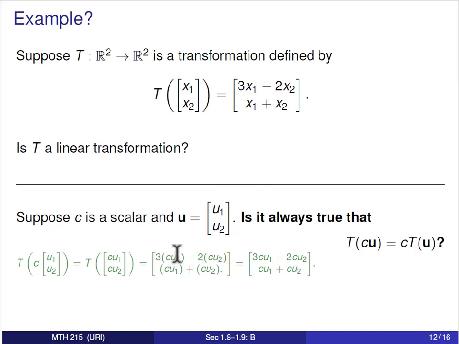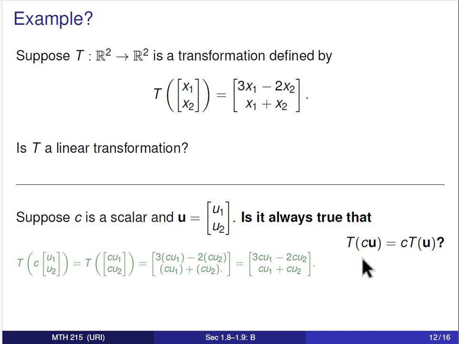We're going to get 3cu1 minus 2cu2. Then we'll add cu1 plus cu2 for our second entry. Simplifying a little bit, we can get rid of the parentheses, and we get this expression for the left-hand side, T of cu.